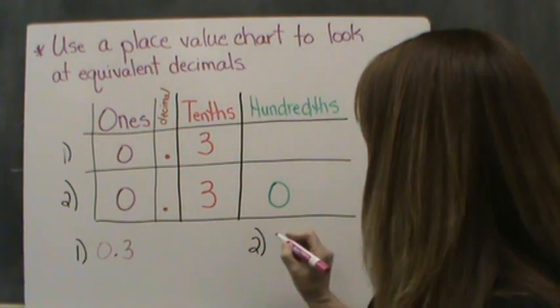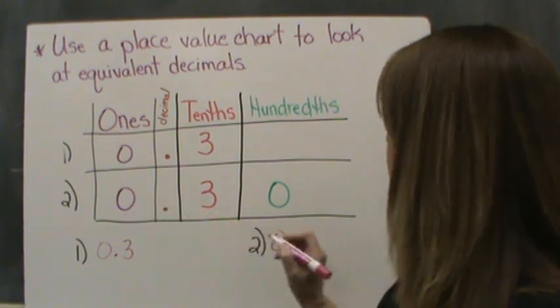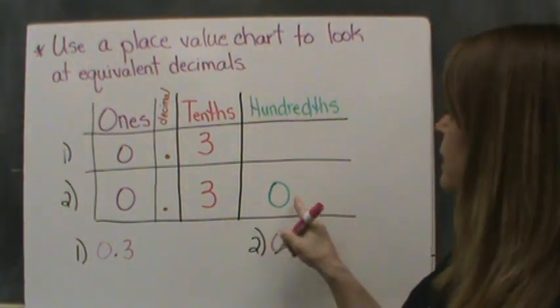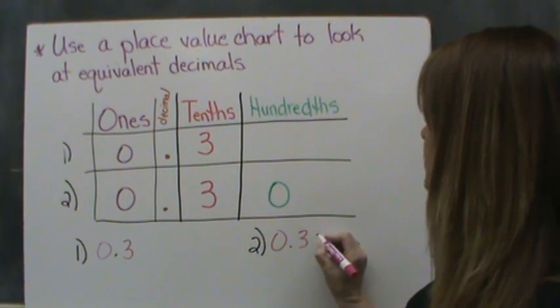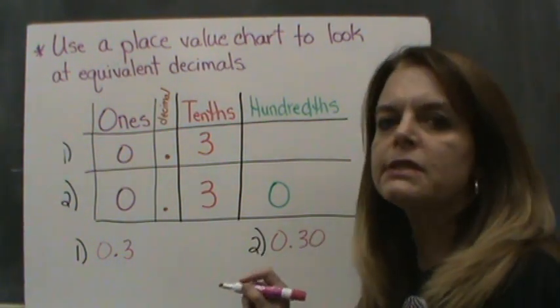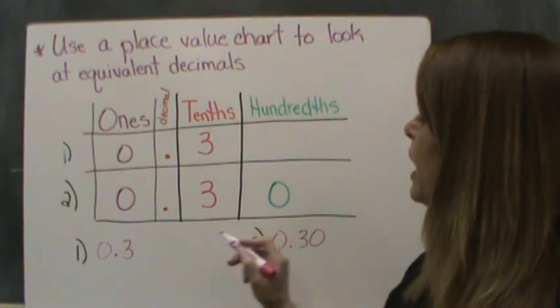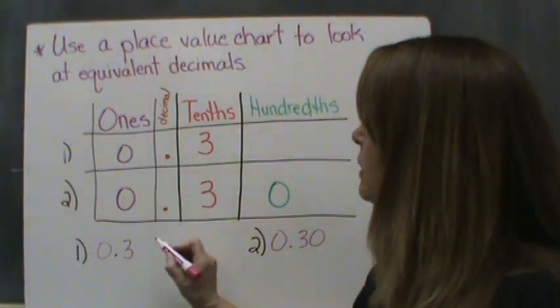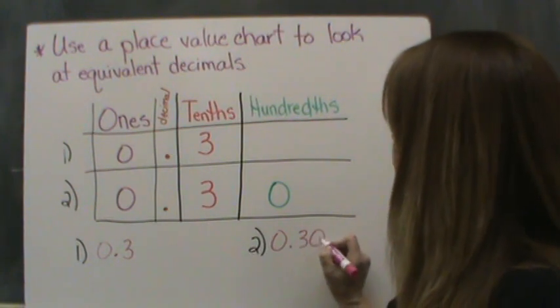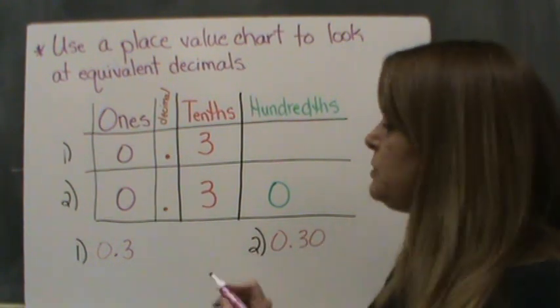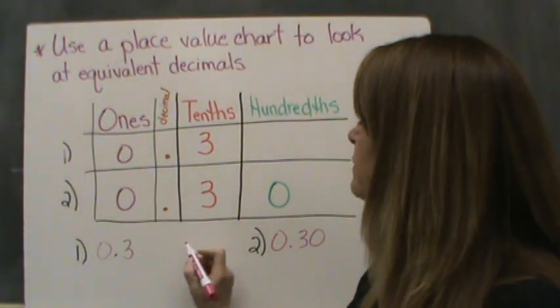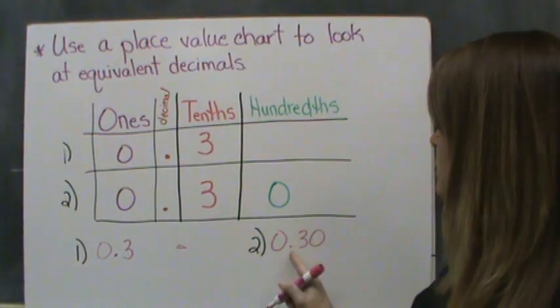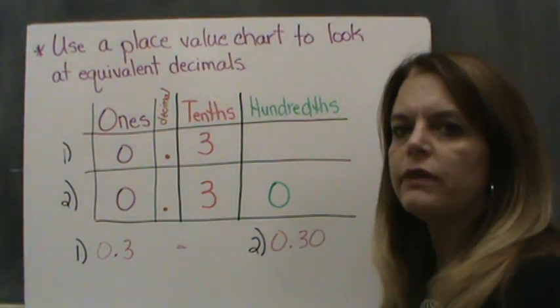Here I have 0.3, and then I have that 0 in the hundredths place. But what I just learned is it doesn't matter how many zeros I have after my last non-zero digit, it doesn't change the value of my decimal. So 3/10 is equivalent to 30 hundredths.